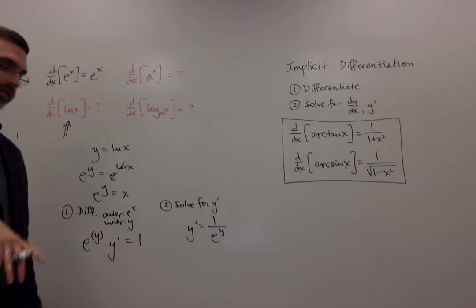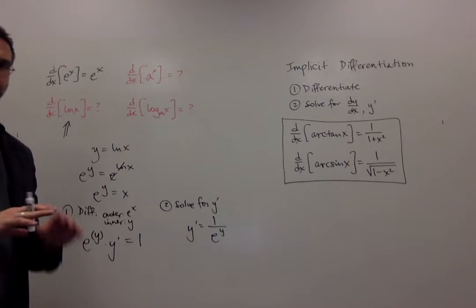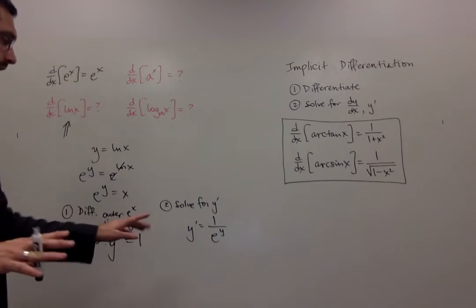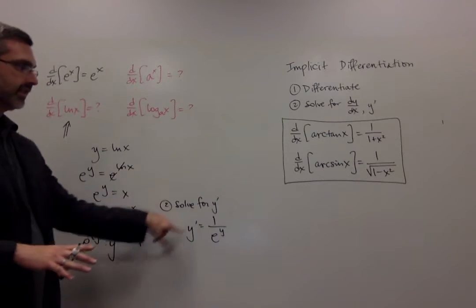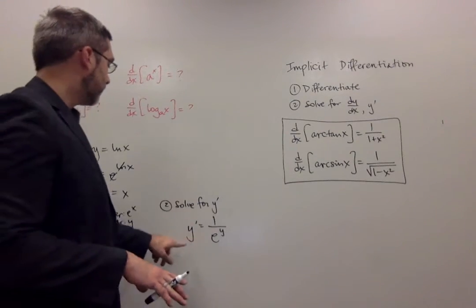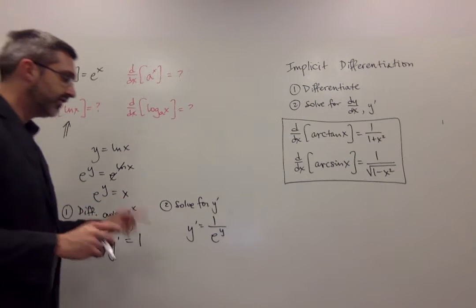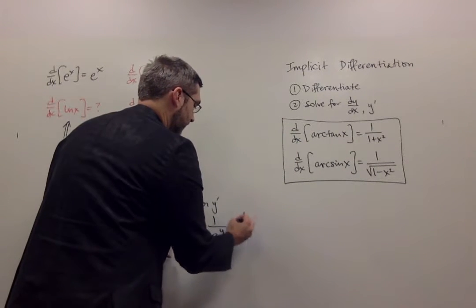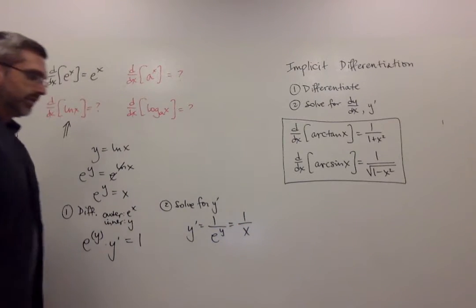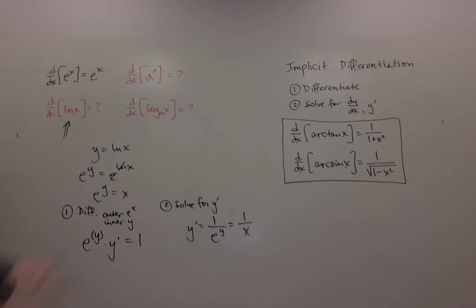Okay, so that is my derivative, but I've got y's in my derivative and that looks awful. We want a formula that just has x's in it, like these. And what you'll notice is that e to the y actually equals x, so conveniently, that is my formula. So we get this formula for the derivative.